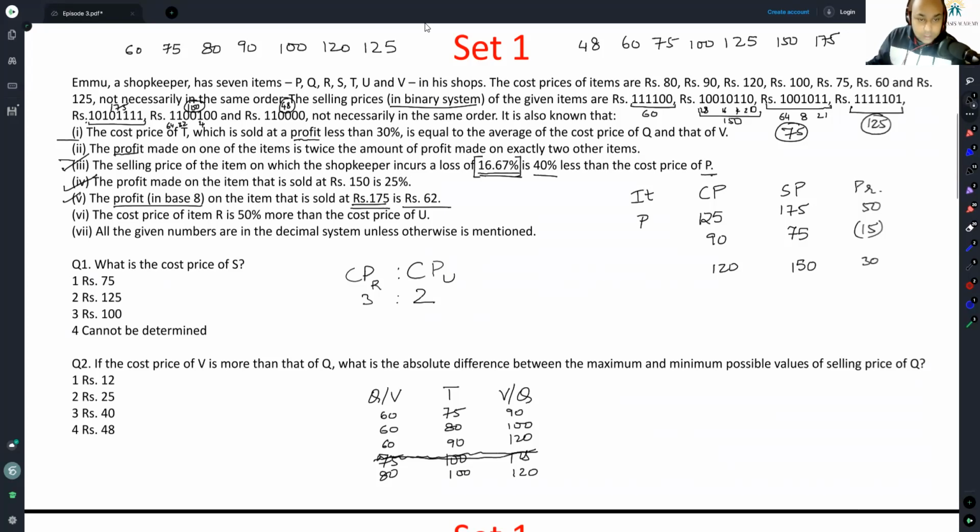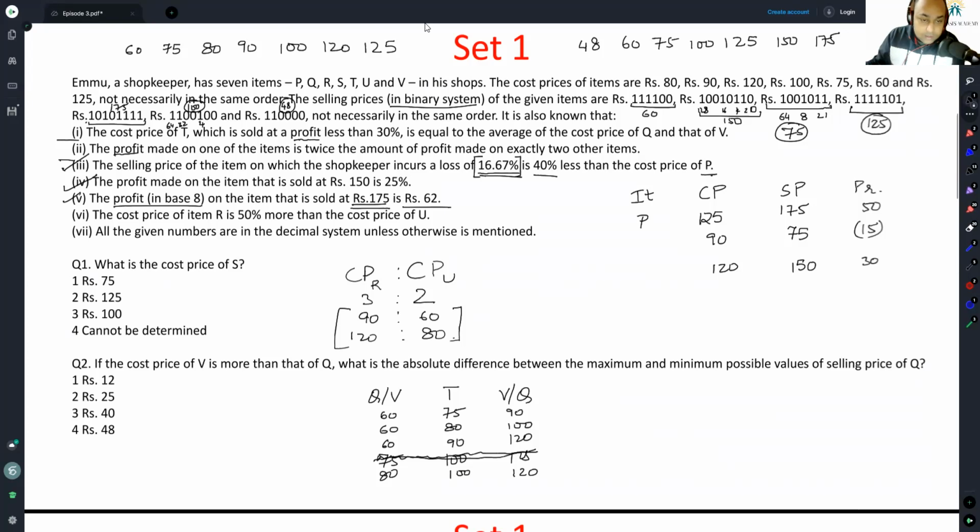Let's go. I can have 90 and 60. This is possible. I can have 120 and 80. This is possible. 75 and 50 not available. 90, 60 done. 120, 80 done. These are two possibilities.